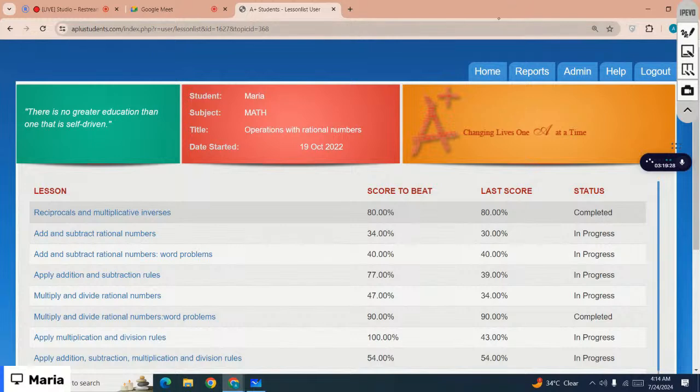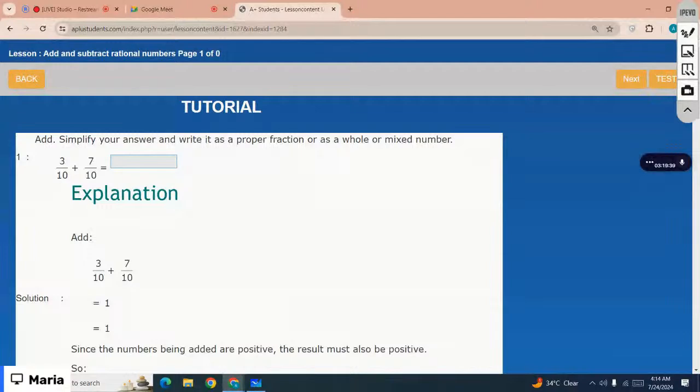The next lesson is add and subtract rational numbers. Let's just start with the first question: add 3 over 10 plus 7 over 10.